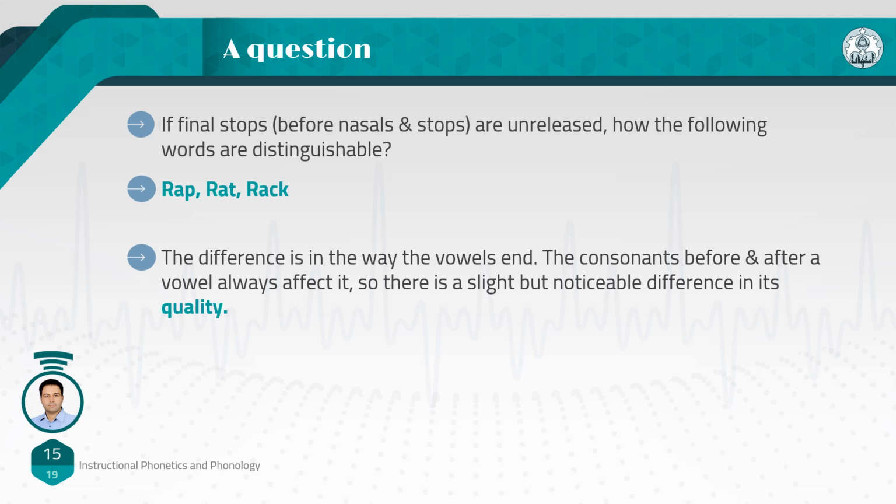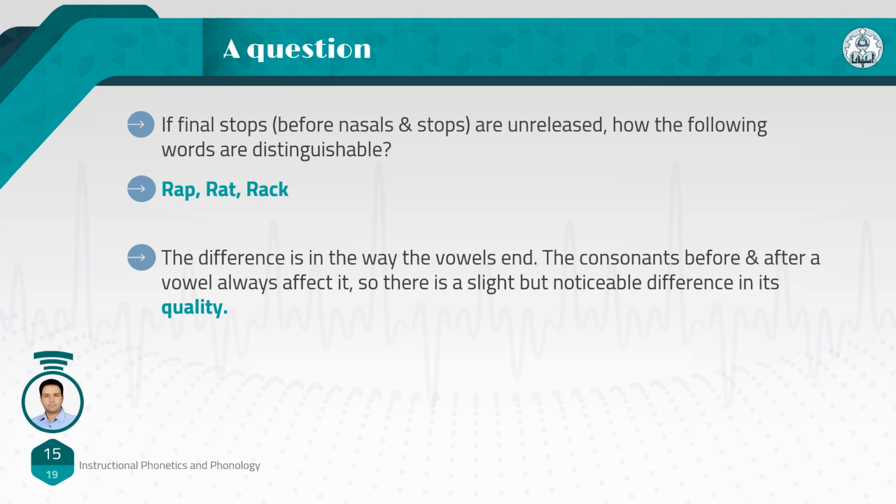You hear nothing. So the consonants before and after a vowel always affect it. So there is a slight but noticeable difference in its quality. Compare your pronunciation of words such as pip, tit, and kick. Your tongue tip is up throughout the word tit, whereas in pip and in kick, it stays behind the lower front teeth.